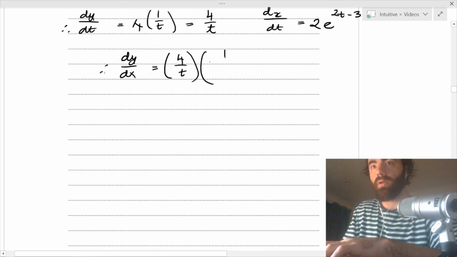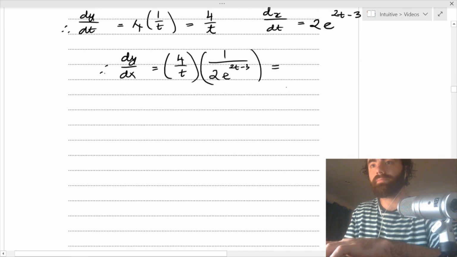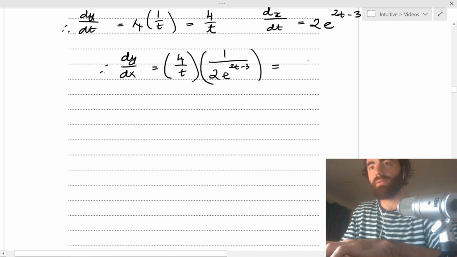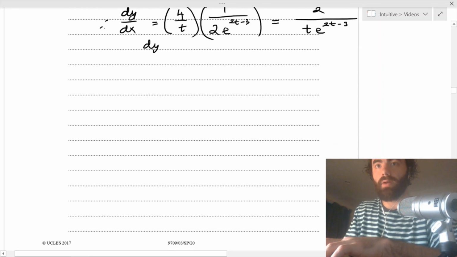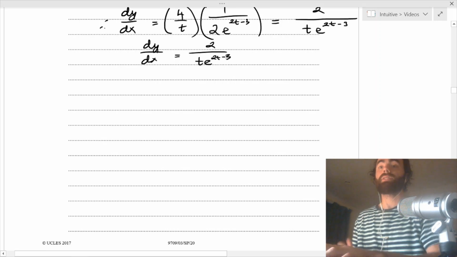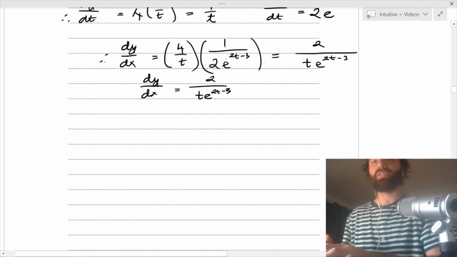So this will be 1 over 2e to the 2t minus 3, which if we simplify it, the 4 will cancel, so we get 2 on the top over te to the 2t minus 3. Okay, so now we have dy by dx equals 2 over te to the 2t minus 3.